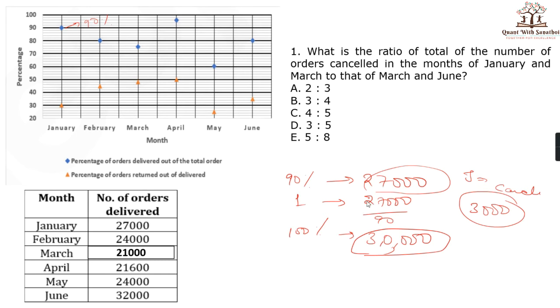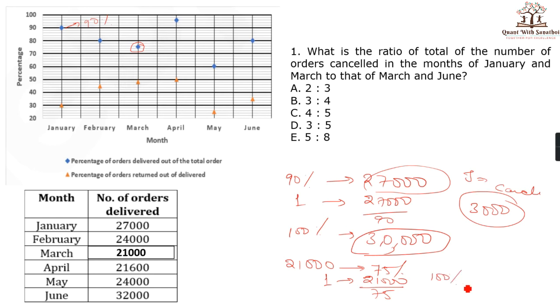Now we have to find for March. So look at the graph for March. This diamond indicates 75%. That means 21,000 indicates 75%, which is the number of orders delivered. Therefore we can say that 1% is equal to 21,000 divided by 75.